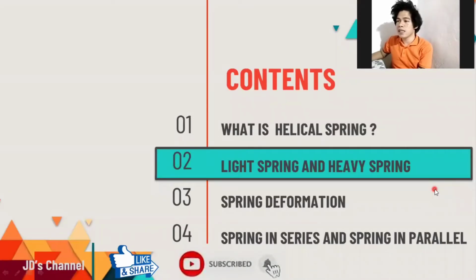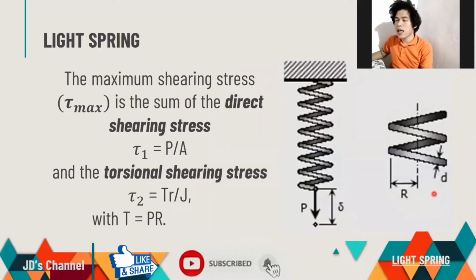So, next one is light spring and heavy spring, class. For the light spring, here, class, we compute for the maximum shearing stress. So, what is our maximum shearing stress?